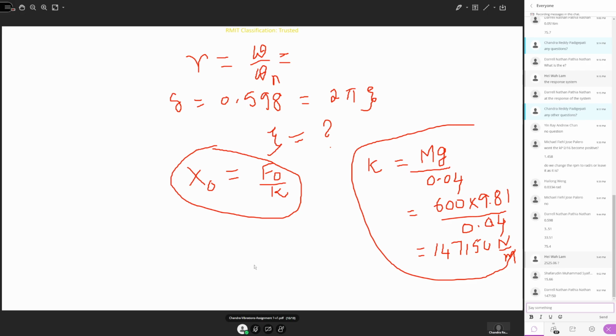Okay, so then to calculate the amplitude x over x naught, we know the relationship, the magnification factor. So the magnification factor can be written as 1 over the square root of (1 minus r square) whole square plus (2 eta r) whole square.